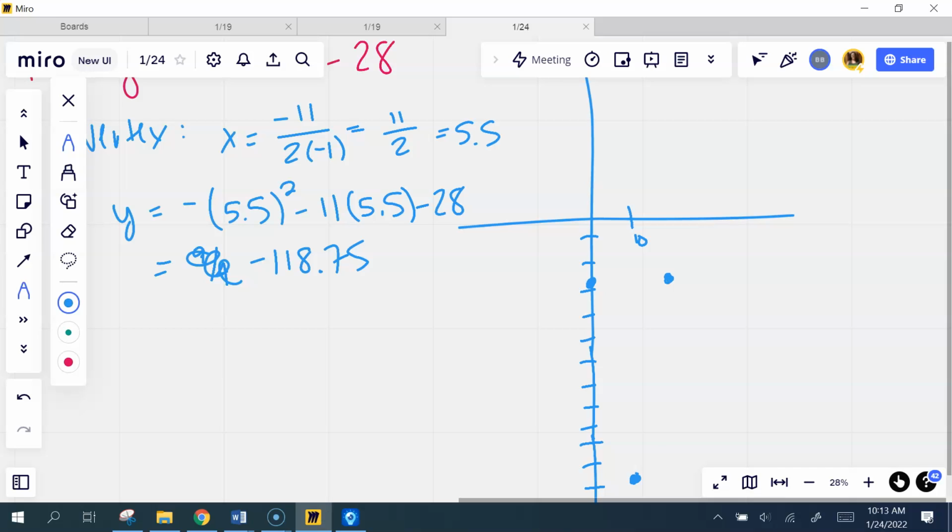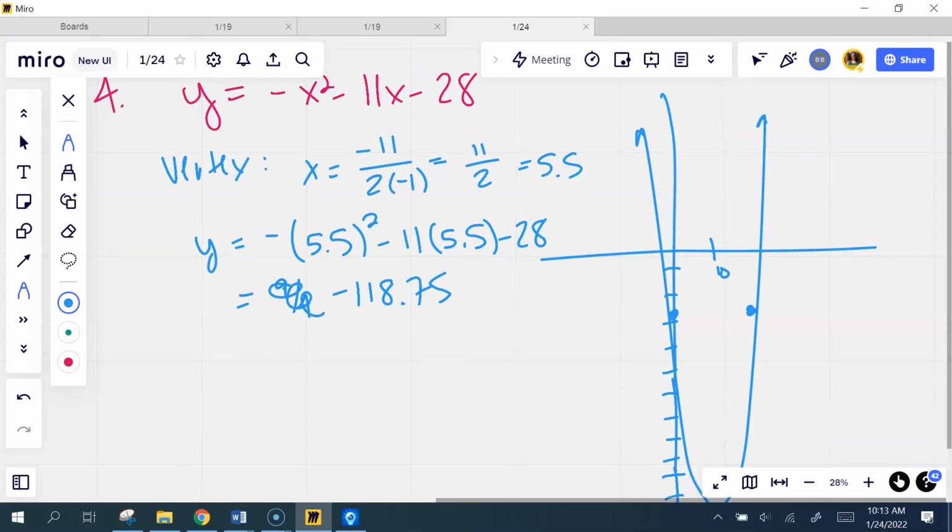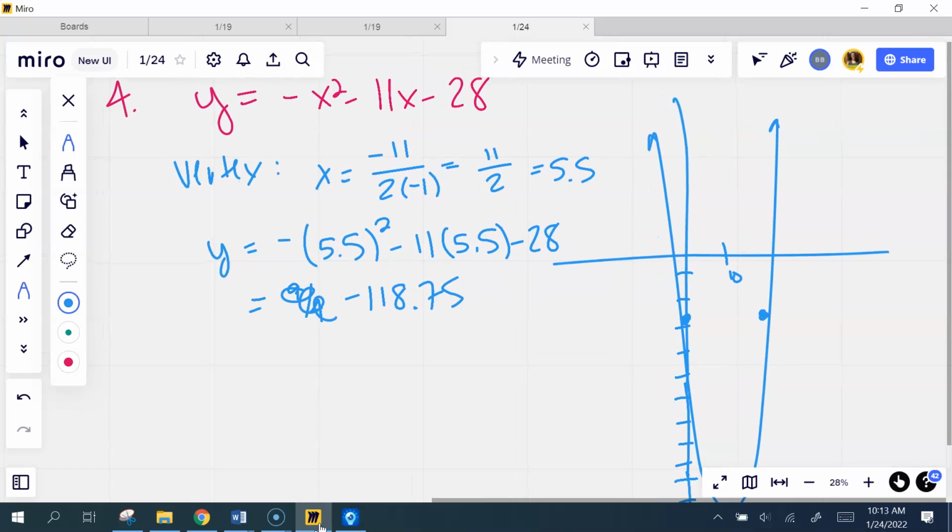Flip it over. And I have to remember here that I'm going by tens as I look to check my answer, right? So let's factor it and see what happens. Take the negative out before you factor.